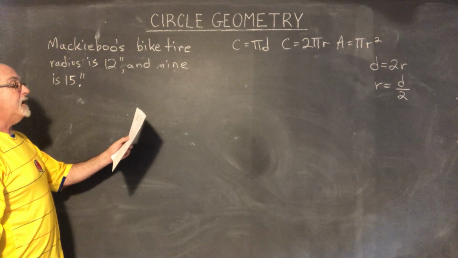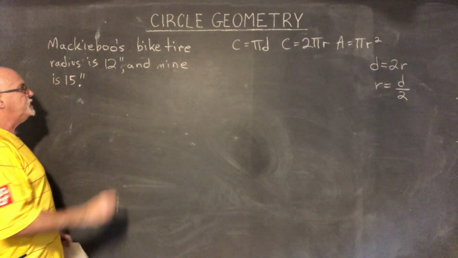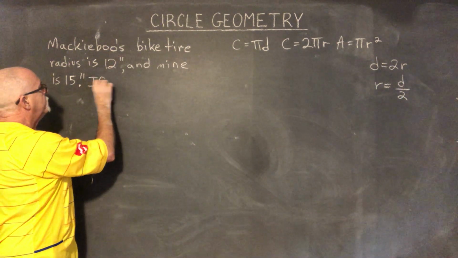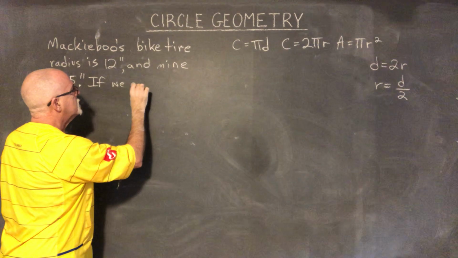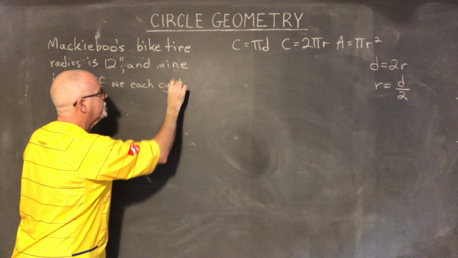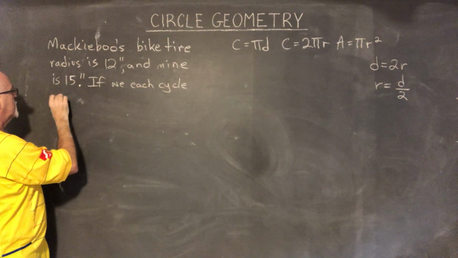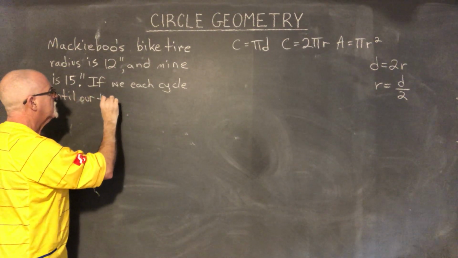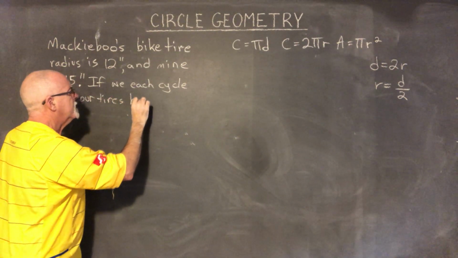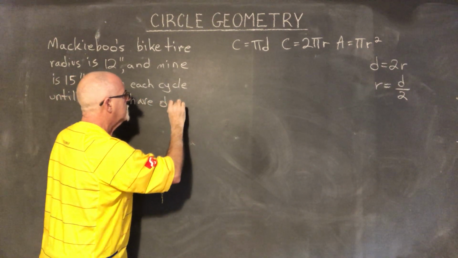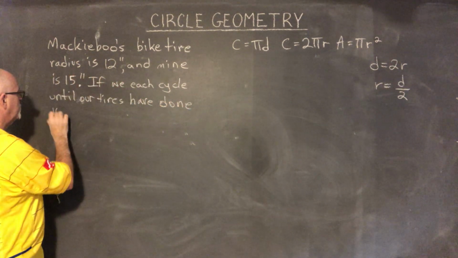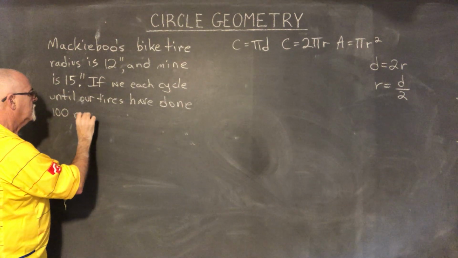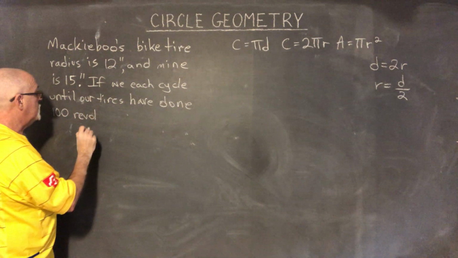If we each cycle until our tires have done 100 revolutions, woof! If we each cycle until our tires have done 100 revolutions. We have to talk about what's meant by the word revolution.